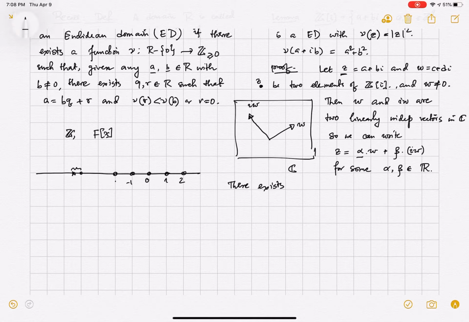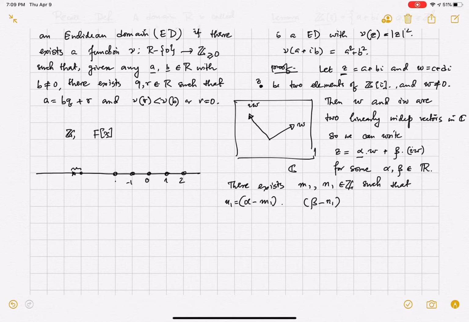Let's call them m1 and n1, such that alpha minus m1 and beta minus n1 have absolute value less than or equal to half.